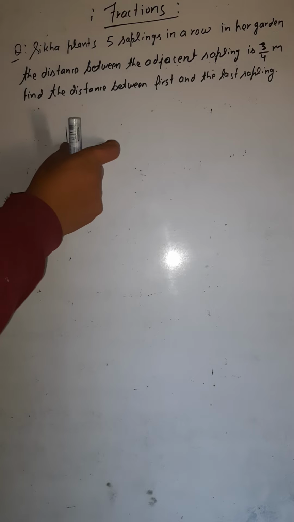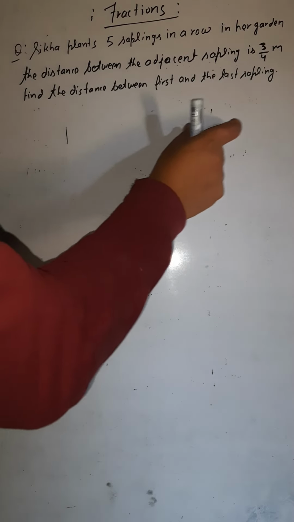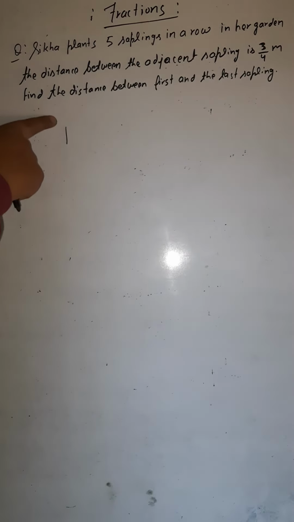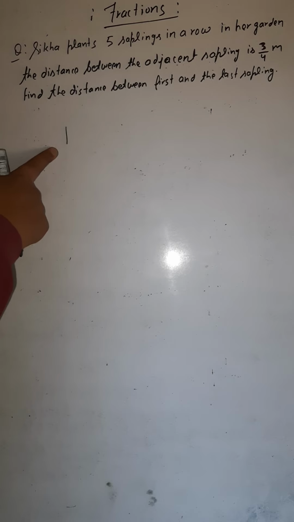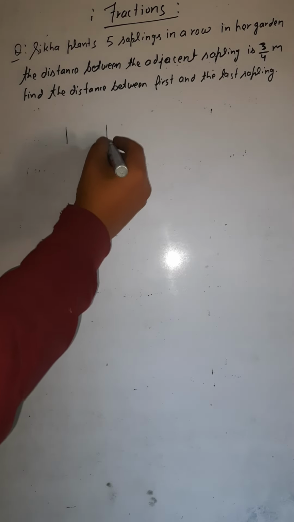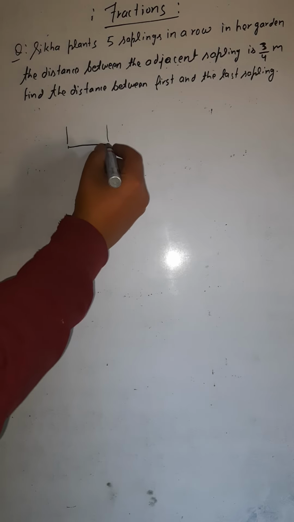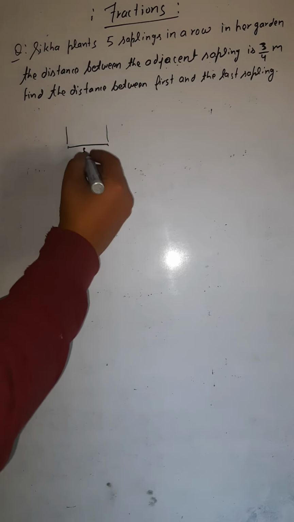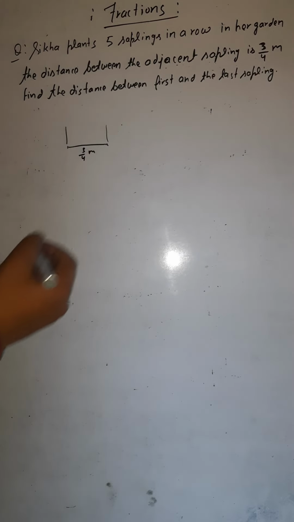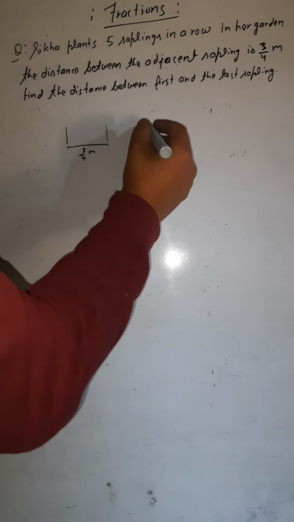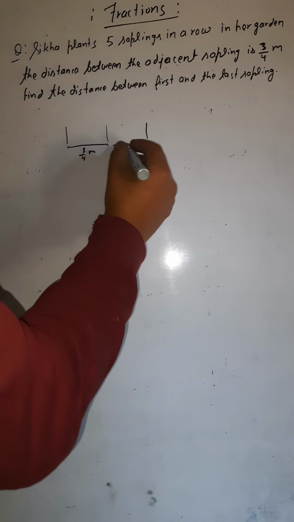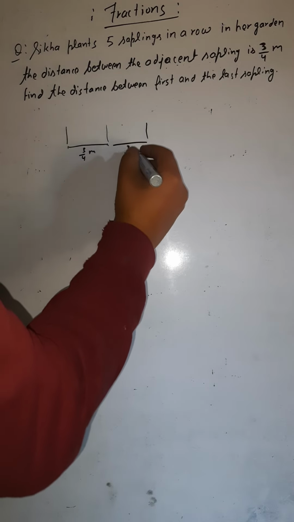The distance between the adjacent saplings is 3 by 4 meter. Means the distance between each sapling plant should be 3 by 4 meter. Let's say if one sapling plant has been planted here, the other should be here, and the distance between these two should be 3 by 4 meter. Similarly, she would plant the next sapling here, and again the distance is 3 by 4 meter.